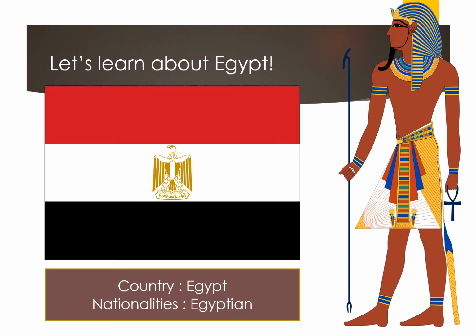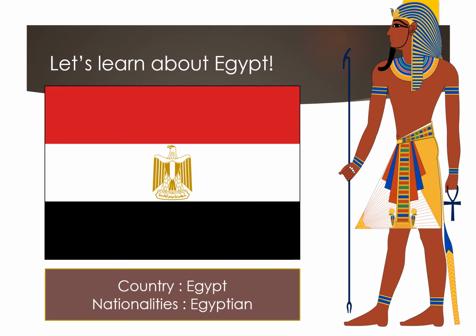So you did listen to the audio earlier. You did learn some new words like mummy, pyramid, bandages, dry, wrap, body, and face. So this is something about the country Egypt. This is the flag of Egypt, as you can see on your screen.